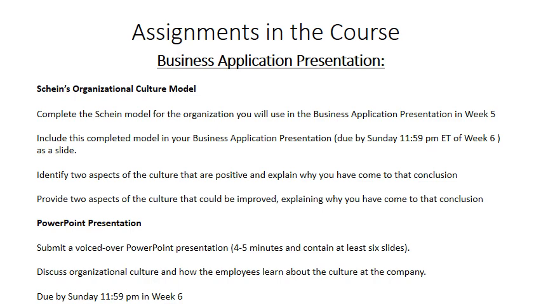For this assignment in week 5, you will consider the culture of that organization and identify 2 aspects of the culture that are positive. You will explain why you've come to that conclusion using the model framework. Then, you will provide 2 aspects of the culture that could be improved, explaining why you've come to that conclusion using the model framework. You will not submit anything in week 5.